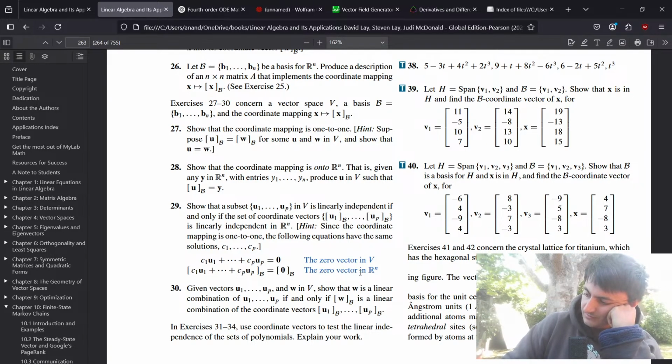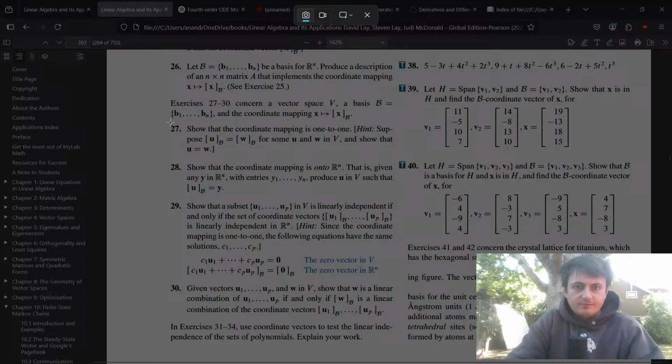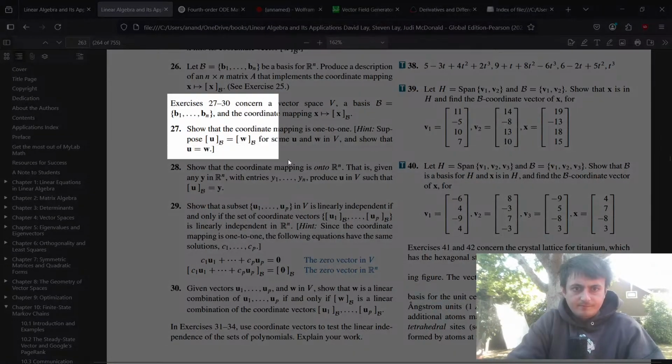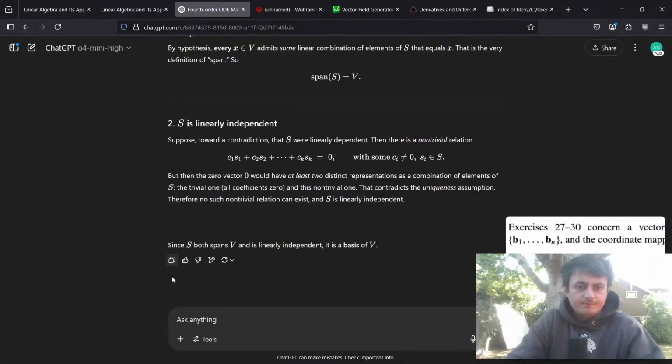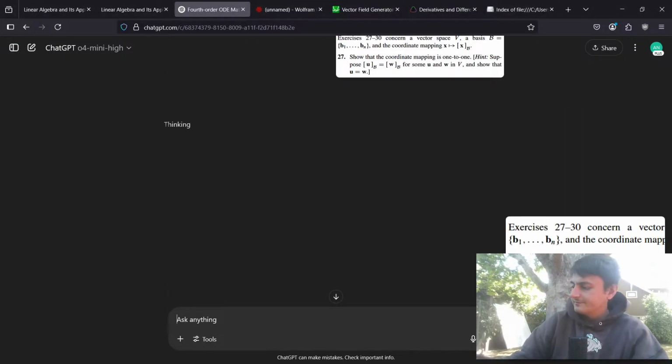Okay, but if we apply the change of coordinates to the standard basis by multiplying both sides by B, then we're going to get U is equal to W, right? Pretty straightforward, I think.